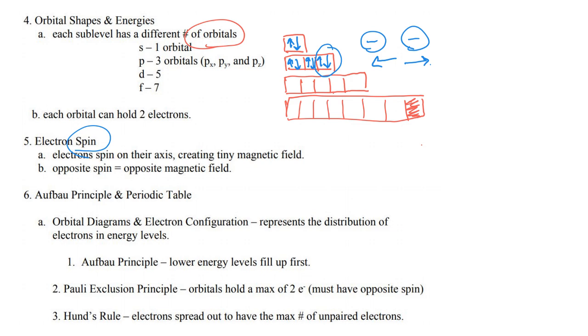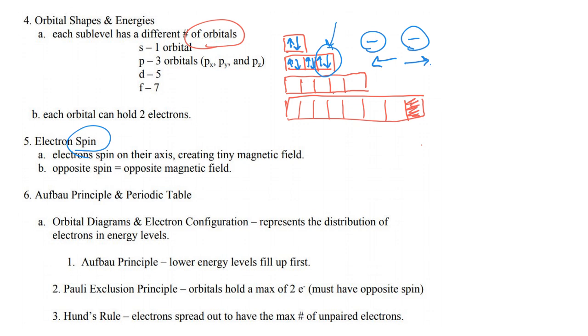If one electron spins in one direction and the other spins in the opposite direction, they can have a magnetic force of attraction, not an electric one, but enough that they can stay in the same orbital without repelling each other. So when we put 2 electrons in an orbital, we want them to have opposite spins, and we show that with our arrows pointing in opposite directions.